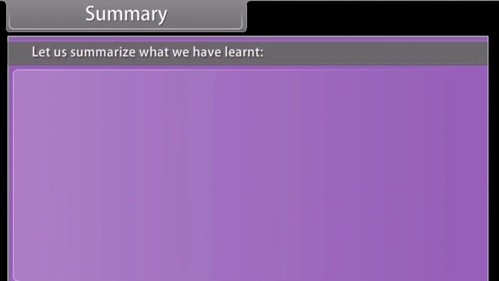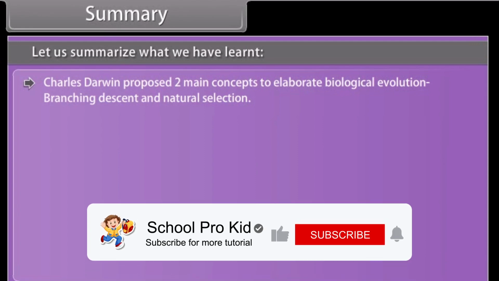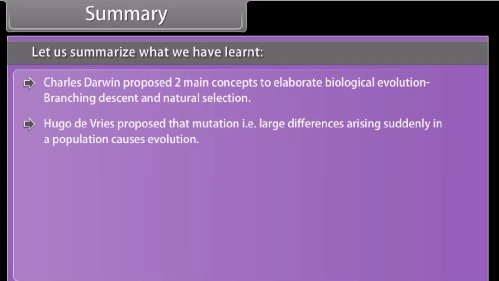Summary. Let us summarize what we have learned. Charles Darwin proposed two main concepts of elaborate biological evolution: branching descent and natural selection. Hugo de Vries proposed that mutation, that is, large differences arising suddenly in a population, causes evolution.